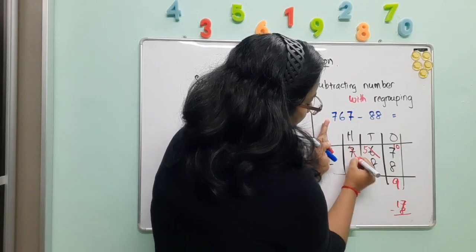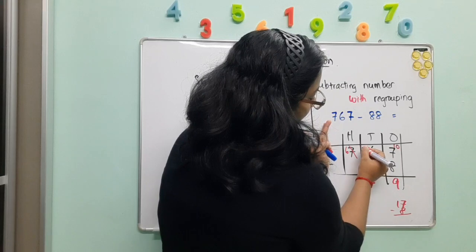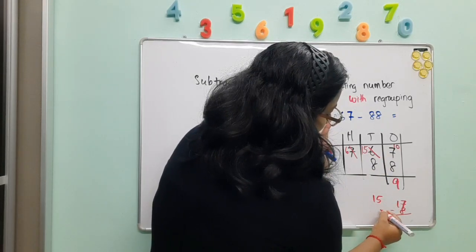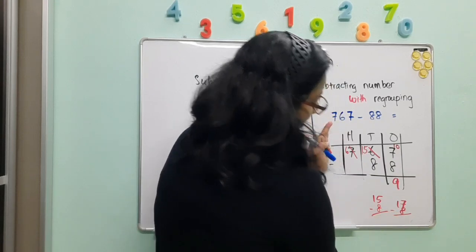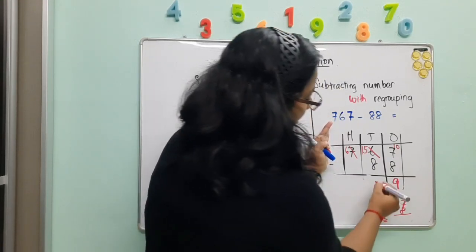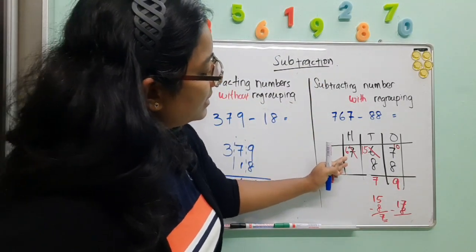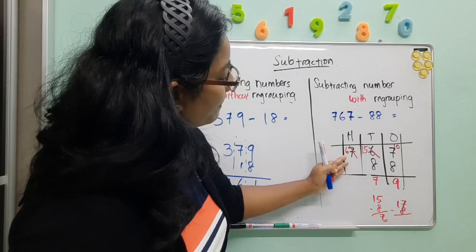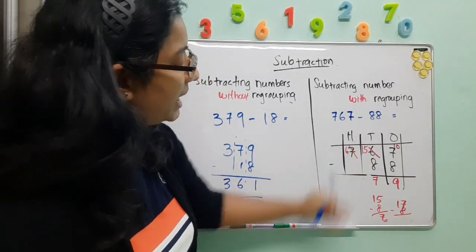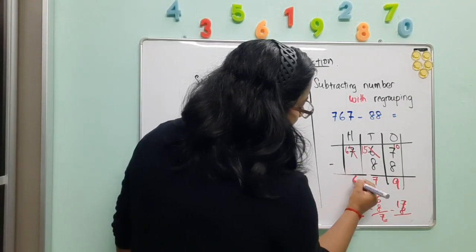We're going to borrow again. This becomes 6 and this becomes 15. So 15 minus 8 is 7. Now since we have borrowed 10 over here and we have a balance of 6, 6 minus 0 is 6.